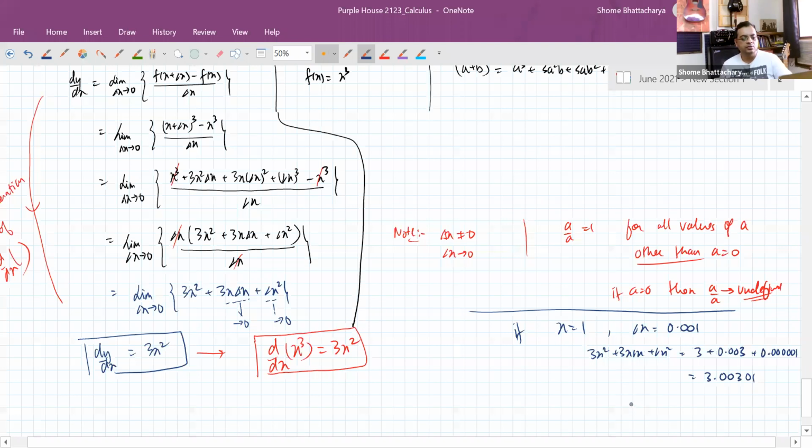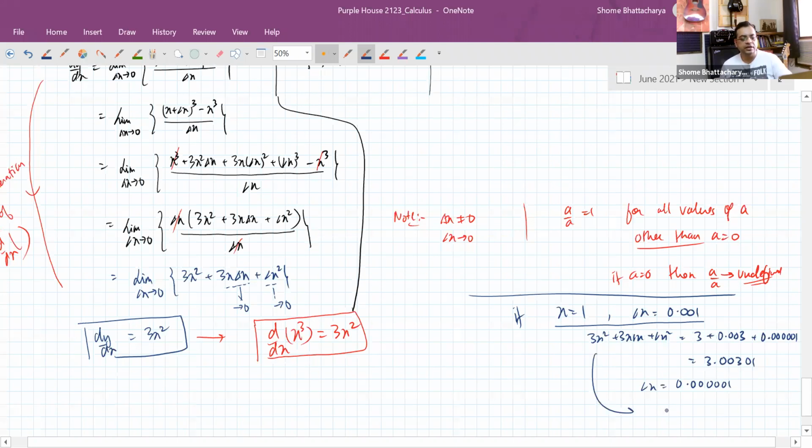But now imagine if I take delta x as 0.000001, then when you calculate this, you will get this term as approximately 3.